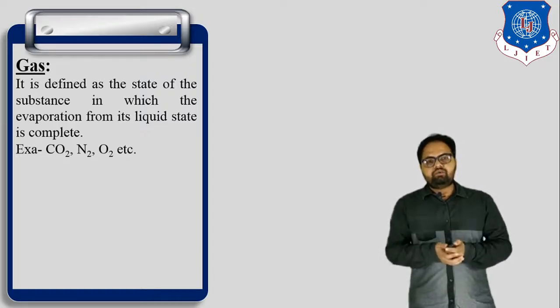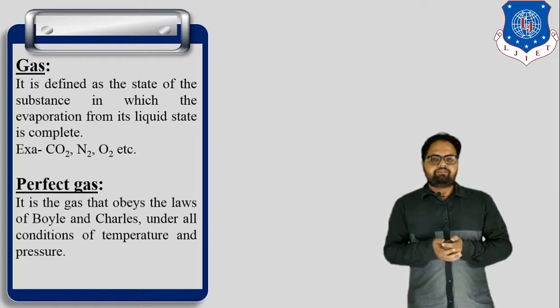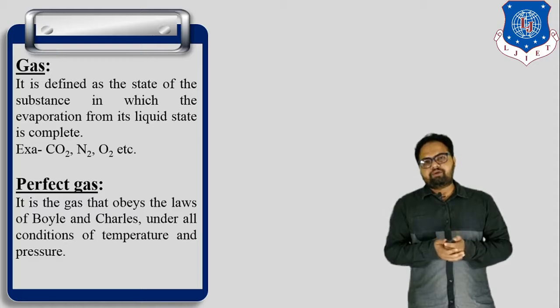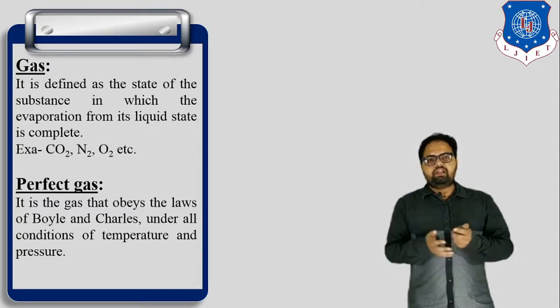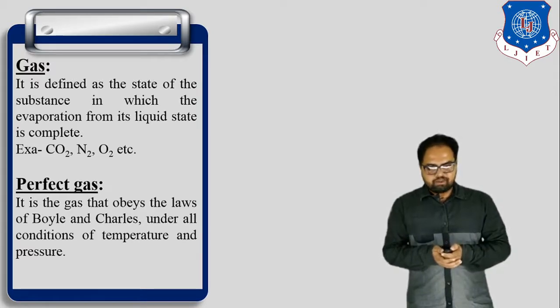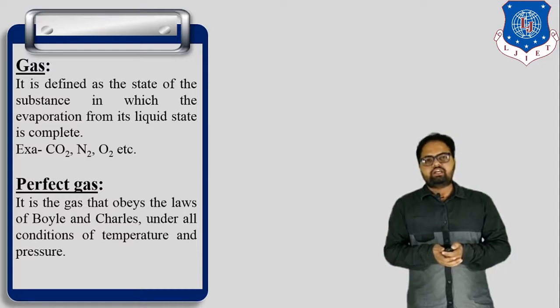We have heard the name perfect gas. So what is a perfect gas? Dear students, we have already learned all the perfect gas laws like Boyle's law and Charles law in 11th and 12th science. A perfect gas is a gas which obeys Boyle's law and Charles law under all conditions of temperature and pressure.